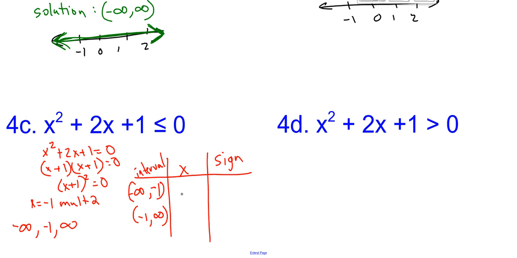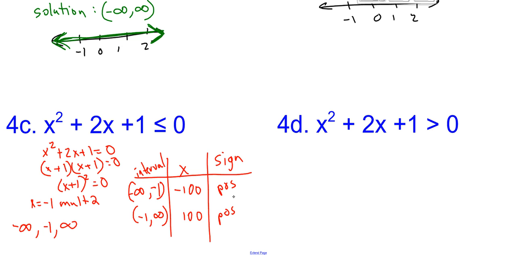So for this one, if I try like -100 and +100, I'm going to look at this little piece right here. I'm going to get negative times a negative, which is a positive for the first one, and a positive times a positive, which is also a positive for the second one. So this sign is positive, this sign is positive.